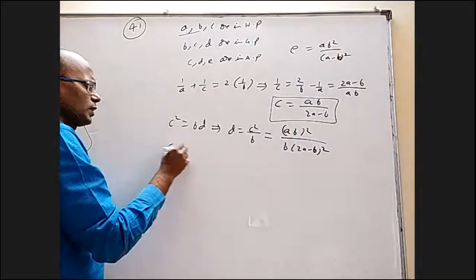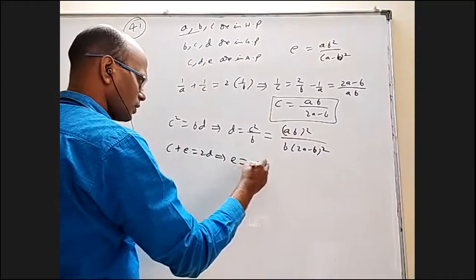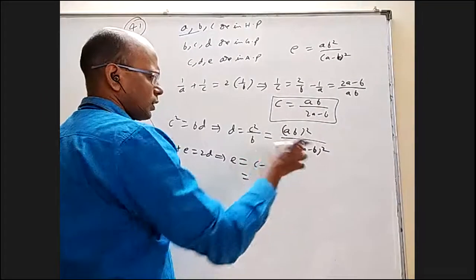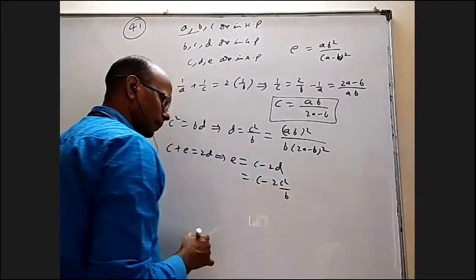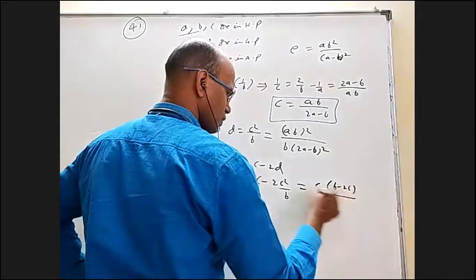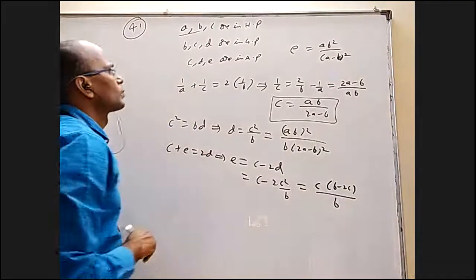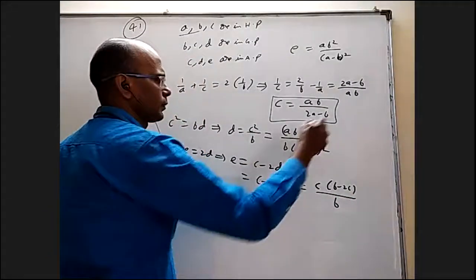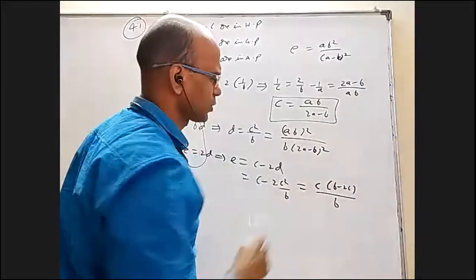Coming to this now, C plus E is 2D. So E is C minus 2D. I can substitute these two. I can directly substitute the whole thing. I first substitute D as C square by B, C minus 2 times C square by B. That is, C common, I'll get C into B minus 2C by B. Anyway, I have to substitute C and B. So only C I have to substitute now here and here.